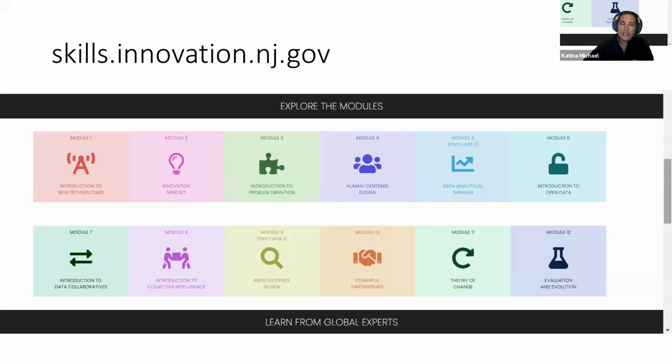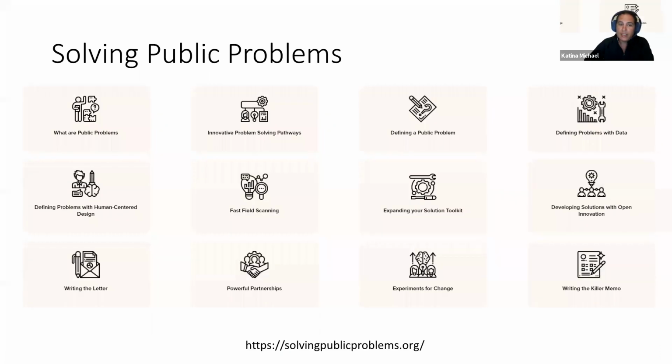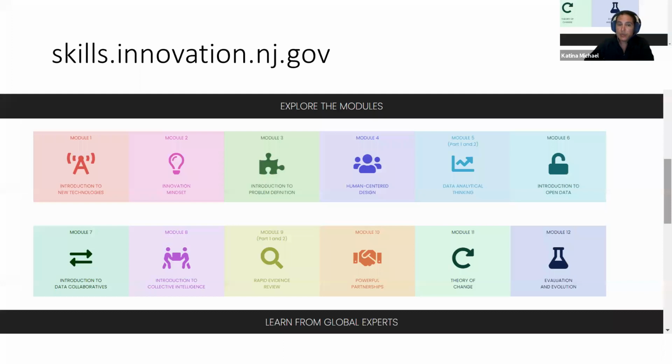And if you go to skills.innovation.nj.gov, which was also produced by the same individual who created this website, Solving for Public Problems, a professor from New York University from memory, this lady was able to put these modules together.